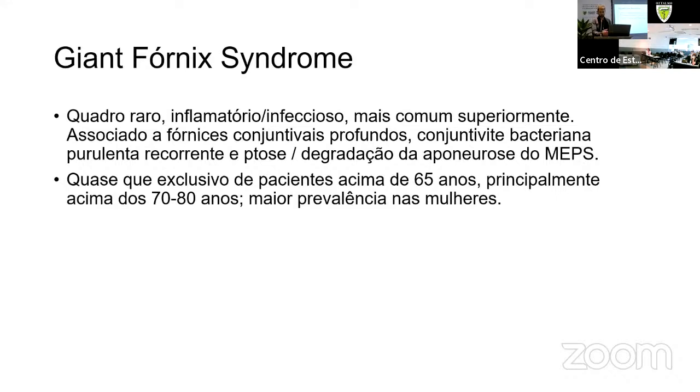This dysfunction of the MAPS may also be caused by age. It's a condition almost exclusive of elderly patients, most likely in their 70s or 80s. It's much more common in women too.